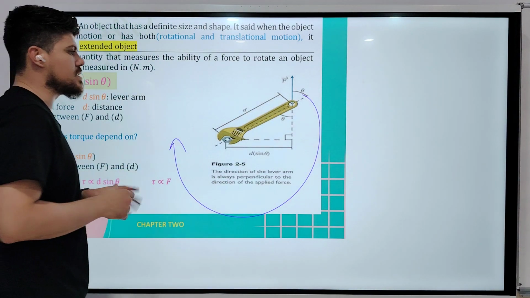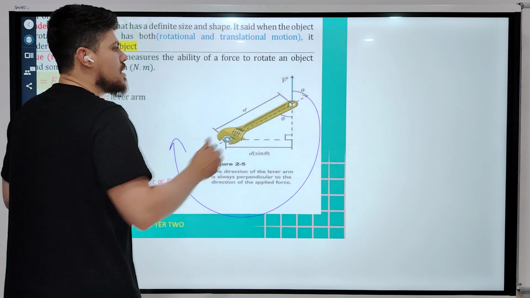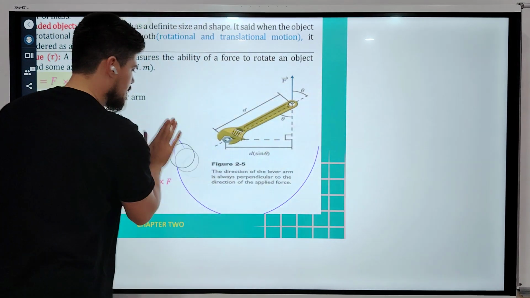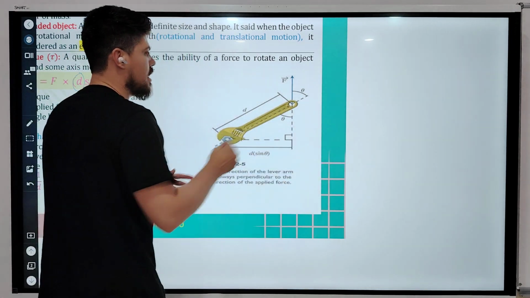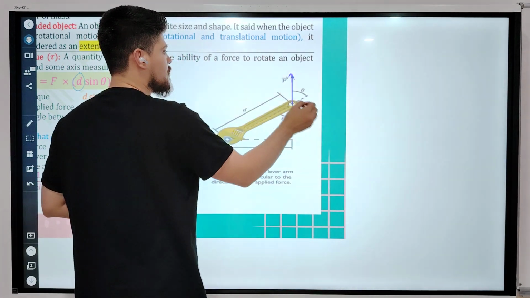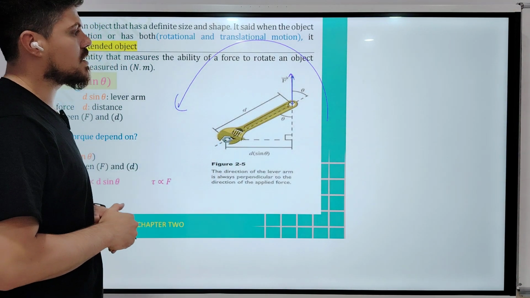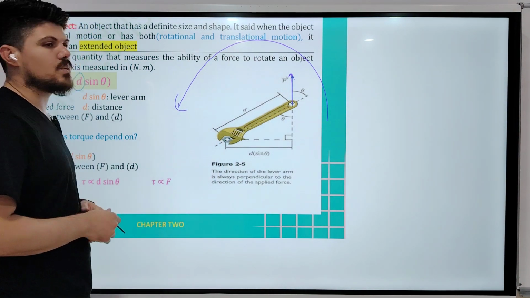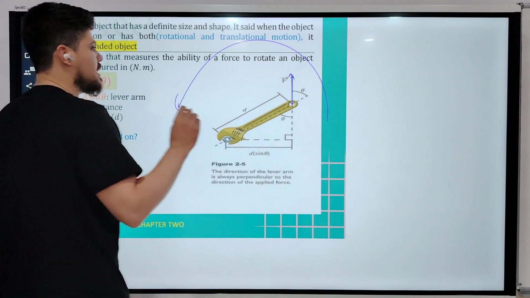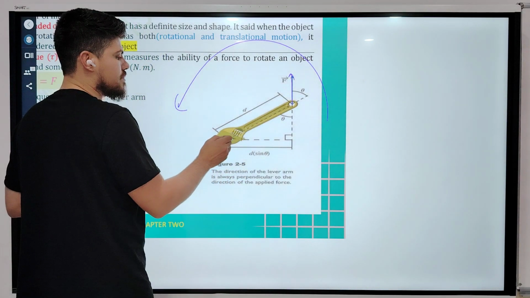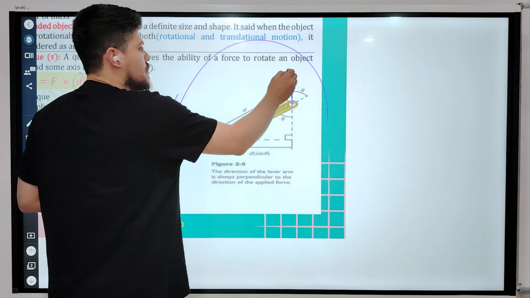Sorry, the force is an upward force, not a downward force. This is an upward force, so it means the spanner tends to rotate counterclockwise. So in that case, where is the axis of rotation? This is the axis of rotation. This is the force.